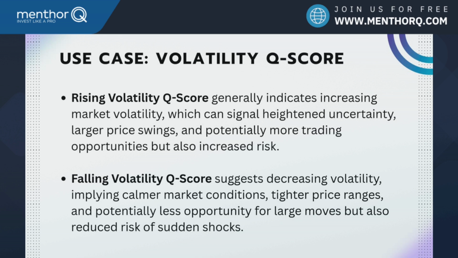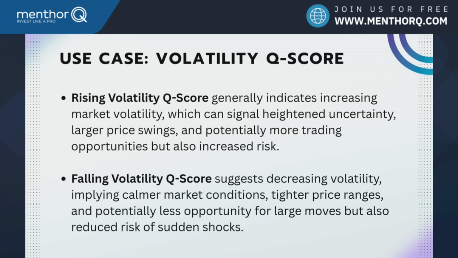When you see a falling score, you can focus on strategies that might perform in a stable or trending market with lower volatility. And when you see a significant shift in the score, that can be a warning sign that something is changing in terms of market regime. And of course, you might have to reassess your strategy and the way you trade.